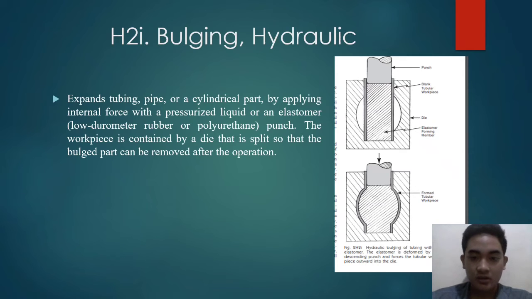This is a picture of bulging and hydraulic. This is the former tubular workpiece. This is a die. This is a punch. This is a material. And it is the same as number 2.